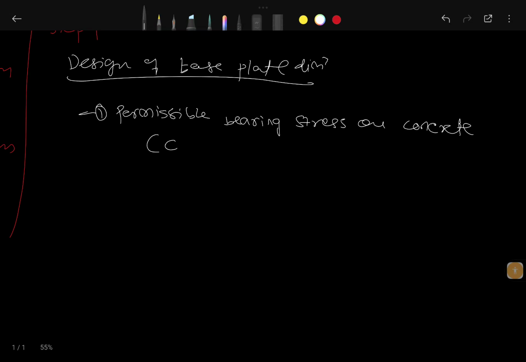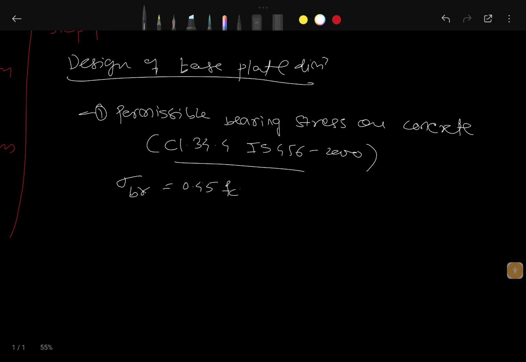That is clause 34.4 of IS 456 2000. This is permissible bearing stress on concrete. Now we have the formula for this.